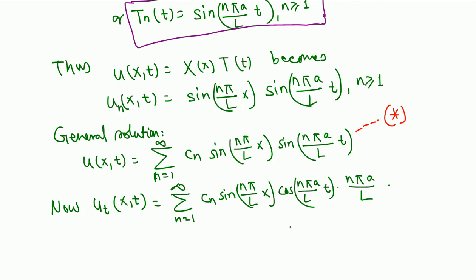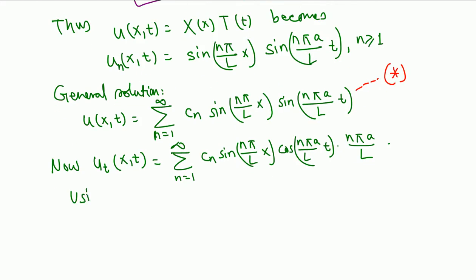Now we want to use the second initial condition that I just erased, u_t(x,0) equals g(x). That was equation 4, by the way.